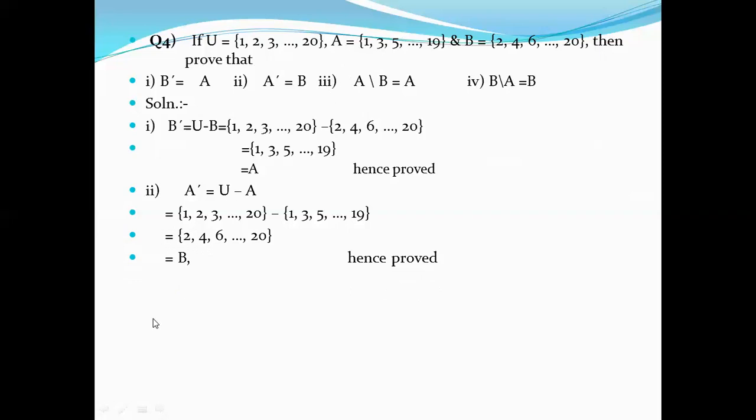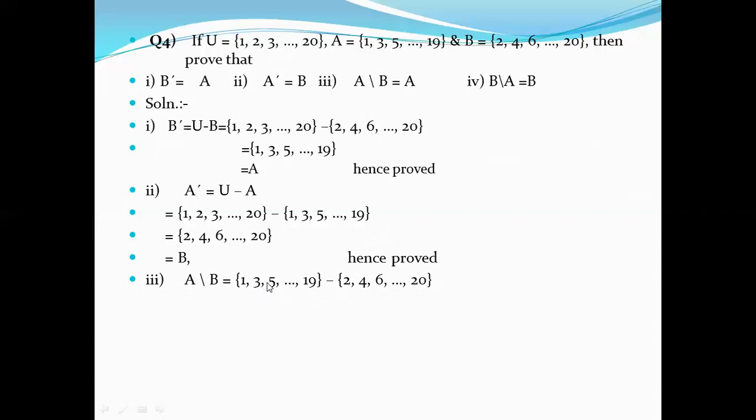Now come to the third part. In the third part, you are given the subtraction of A and B and you get the answer equal to A. So A minus B: you have to write set A, the set of odd numbers, minus the set of even numbers. You know that odd and even numbers are different from each other, nothing common. So when you subtract even numbers from odd, nothing will be subtracted, and the complete first set will come.